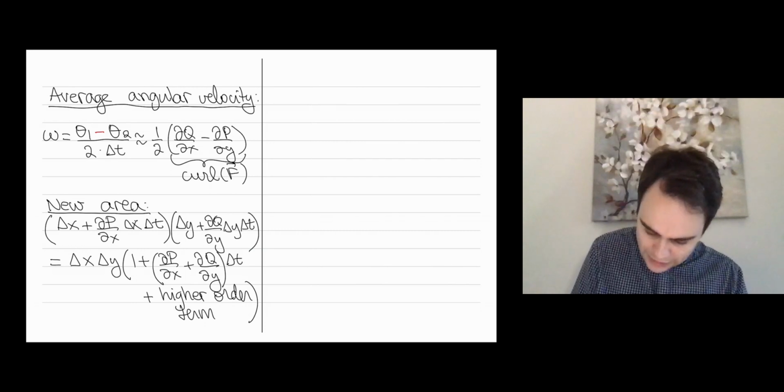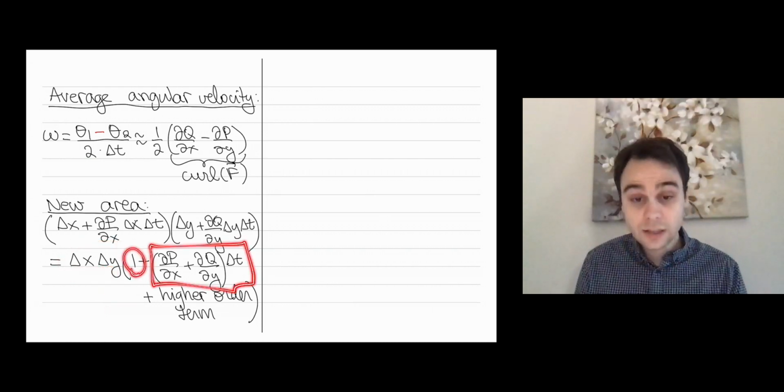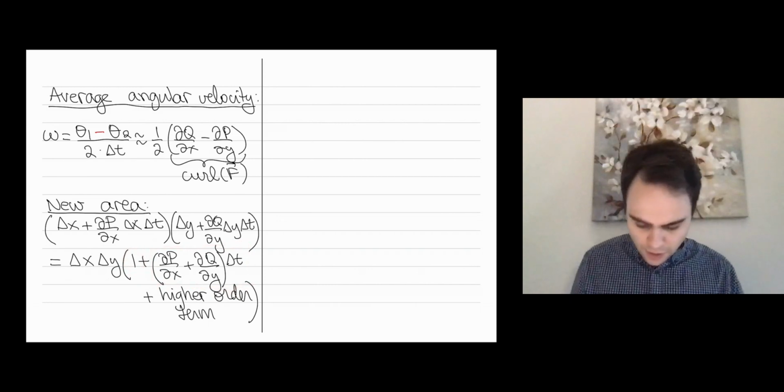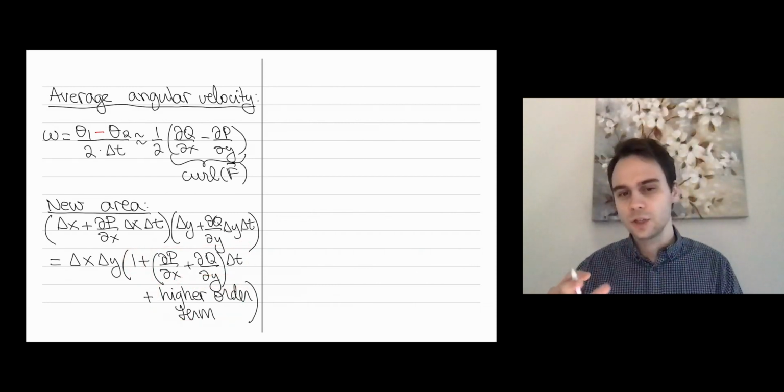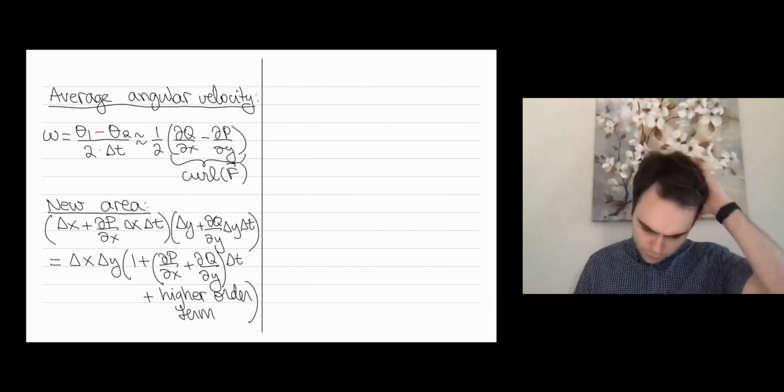Now, the leading change, so the new area is the old area times 1 plus something that increases with time, and then another factor that increases with the square of the time. That's not a very big contribution for a small time.